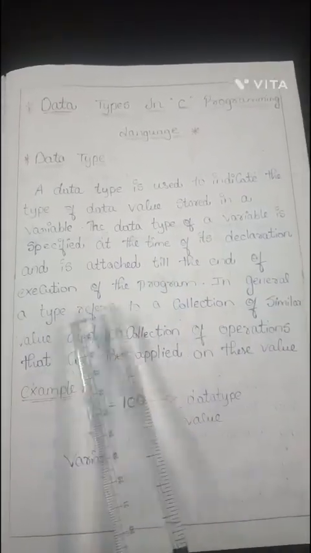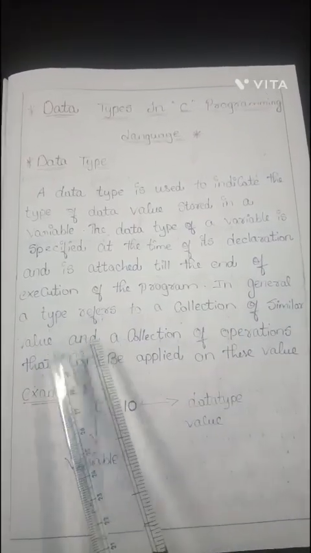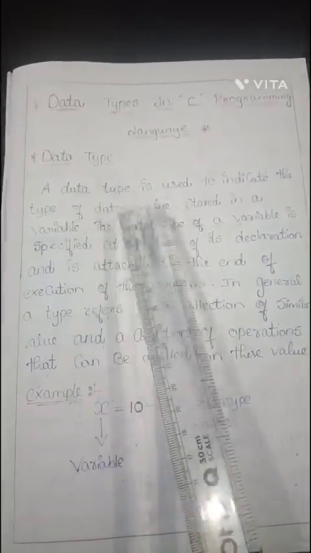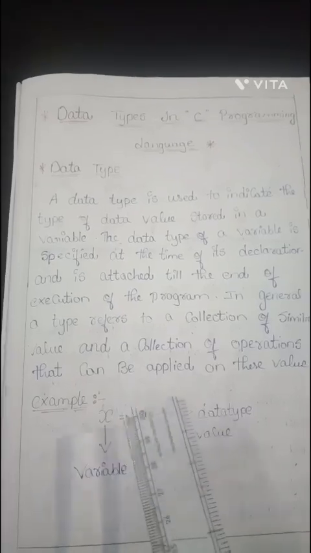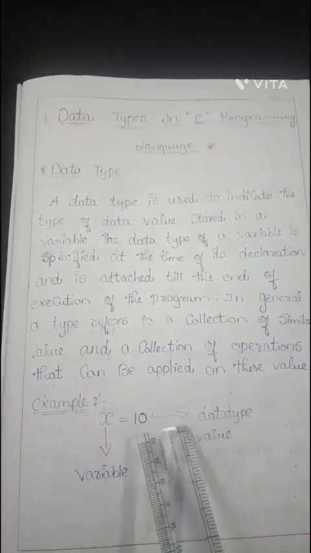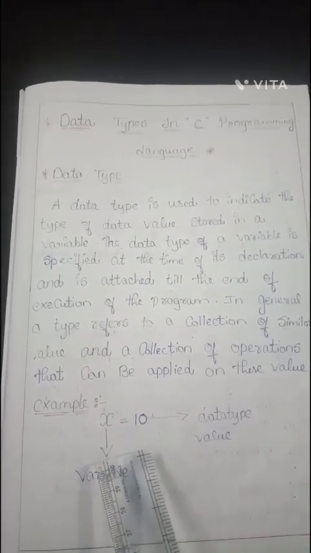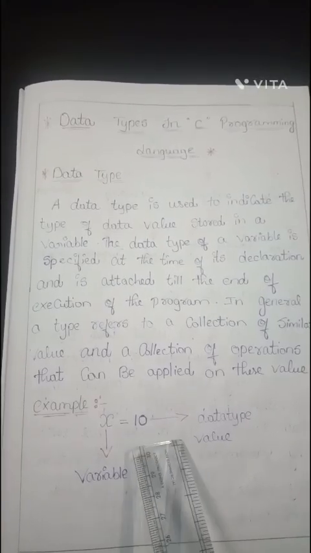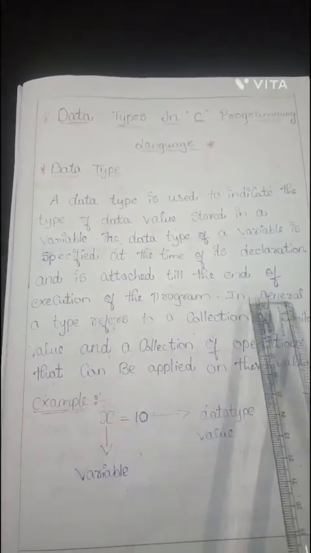In general, a type refers to a collection of similar values. A data type can be a collection of similar values, for example, if x contains 10, y can also contain 10, and z can also contain 10. It is a collection of similar values.